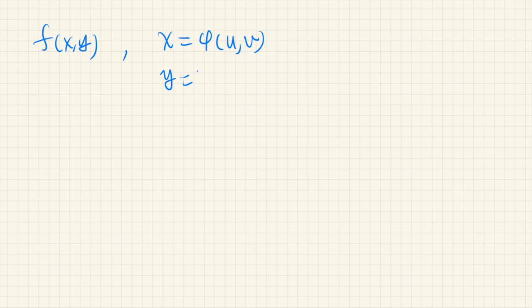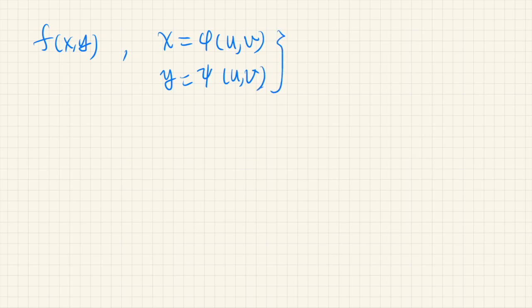Next, we study a little bit more complicated version of the chain rule. In this case, we have a function as usual, f of x and y, that is assumed to be totally differentiable. And x is now given as a function of two variables, u and v. Similarly, y is given as a function of two variables, u and v again.